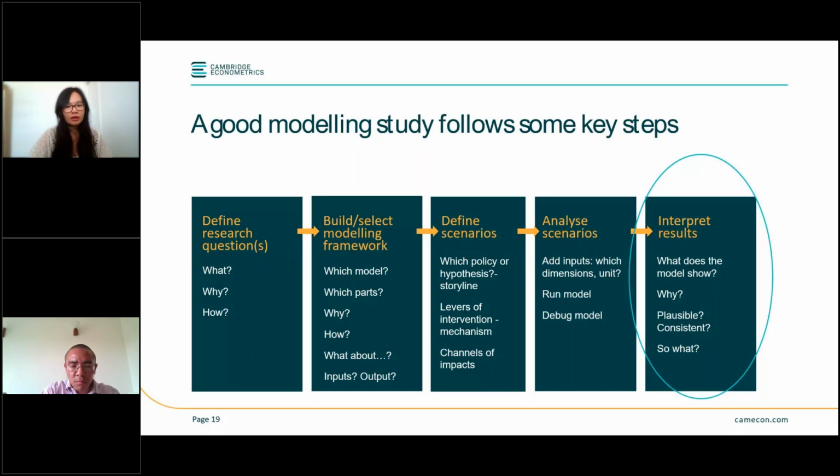Most of the work that we do as economic modelers is in defining, analyzing, and interpreting the scenarios with or on behalf of our clients and collaborators.